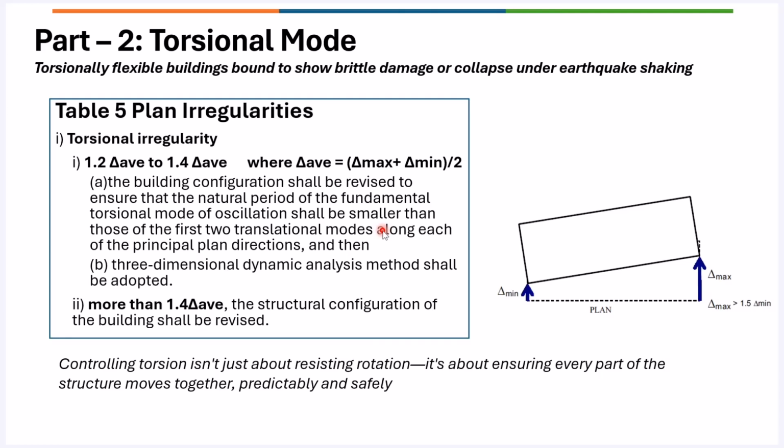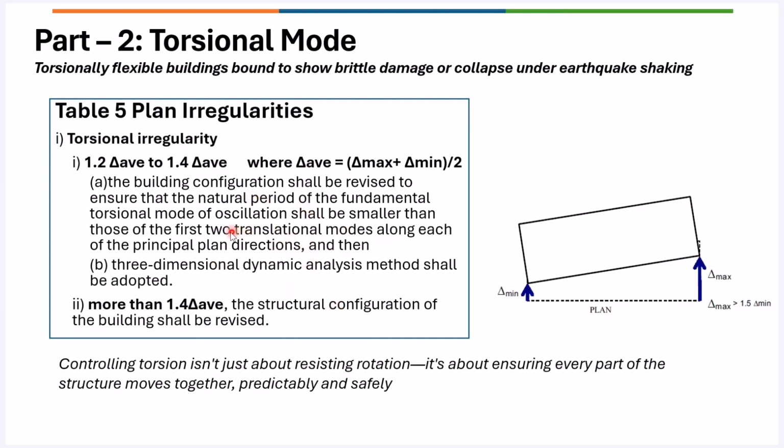Now we have our code restrictions, and it gives some ratios where you can see whether the building is torsionally flexible or not, or within the range, and what else you can do. Whether you have to revise the configuration, that is here, it is more than 1.4 times average, which cannot be avoided. And then if it is within this range, you can perform.